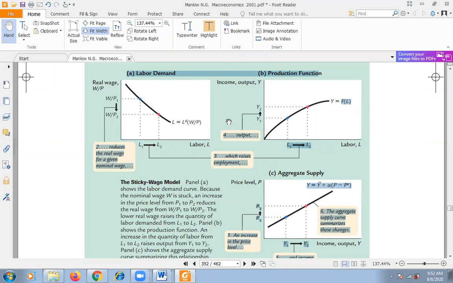You can join these 2 points. When we join these 2 points, we get the aggregate supply curve under the sticky wage model. This is very simple. Again, please connect the points, and then you will be successful in deriving the aggregate supply curve in the sticky wage model.